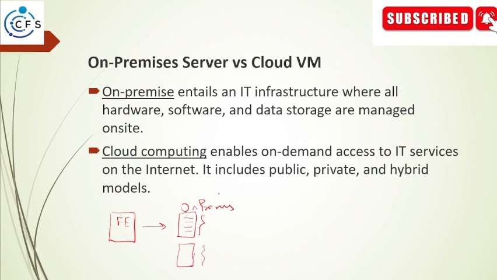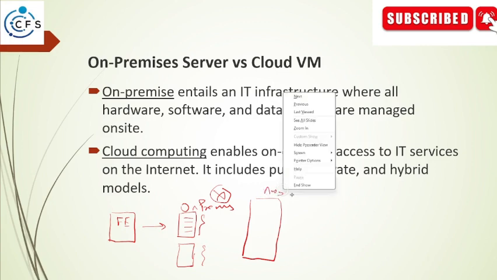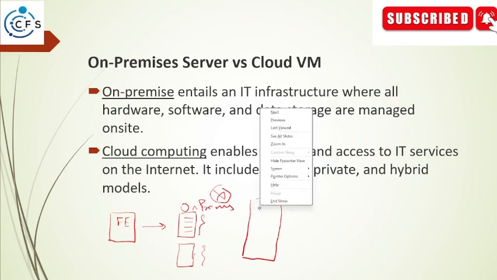To overcome this problem, the concept of the cloud comes in, where we work on demand. Let's suppose we have a cloud, that is AWS, and in AWS I'm using EC2.